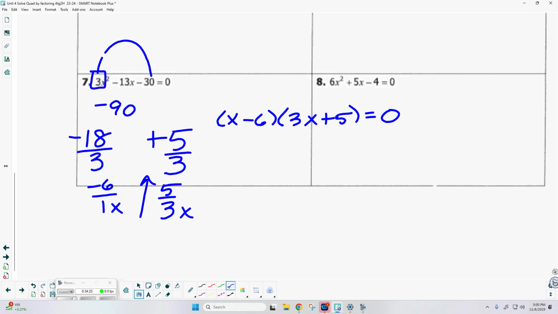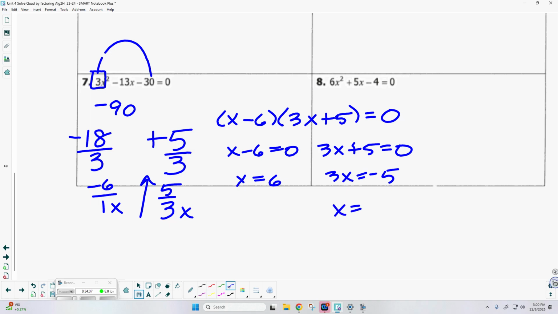If x minus 6 is equal to 0, x equals 6. If 3x plus 5 is equal to 0, subtract the 5 over, divide by 3, so we have a -5/3. I'm going to write it as a solution set. We got -5/3 and 6.